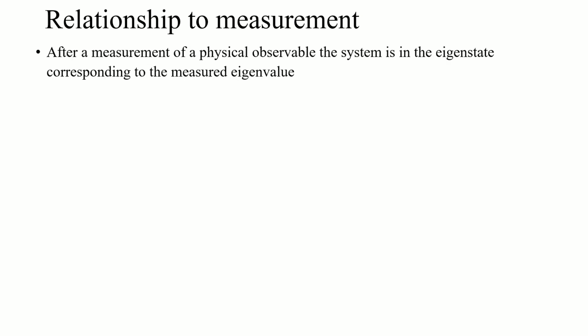That's not the only way it's related to measurement. It actually leads us to postulate 5. We saw in those Stern-Gerlach experiments that when we measure a physical observable, after the measurement the state is in the eigenstate that corresponds to the result of that measurement.